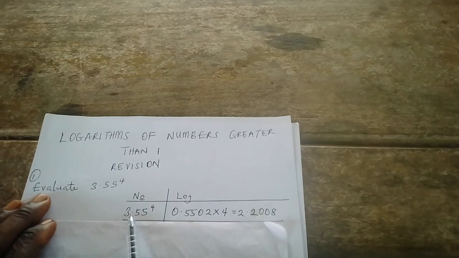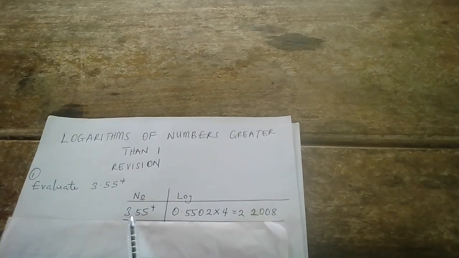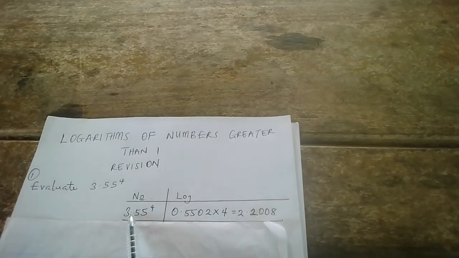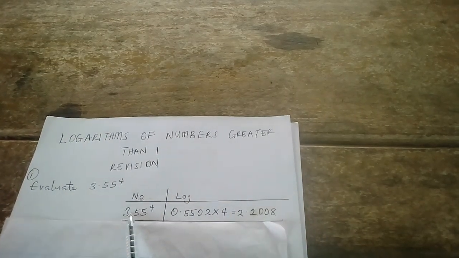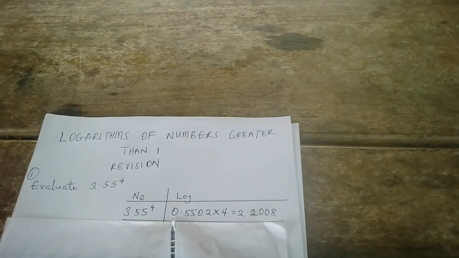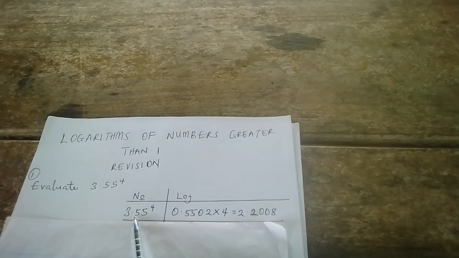Whenever you are moving the decimal point, take note that the number before the decimal should be a unit number. Since this is 3 already, there's no need of moving the decimal point again. So how many times are you moving it? 0. So you get 0 point. Then you look for the log of 35.